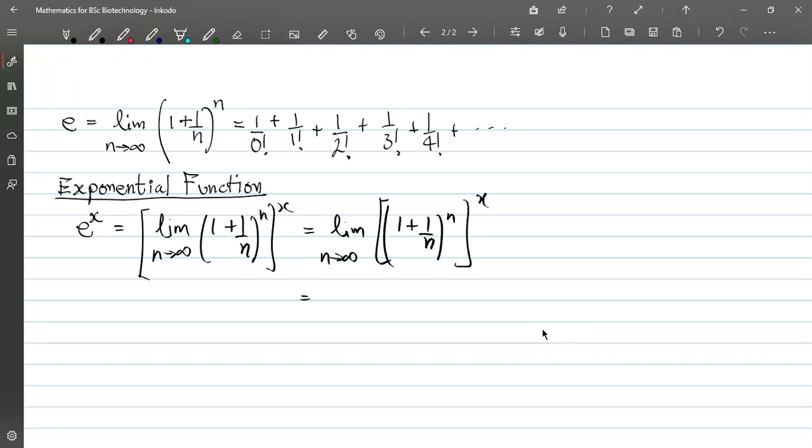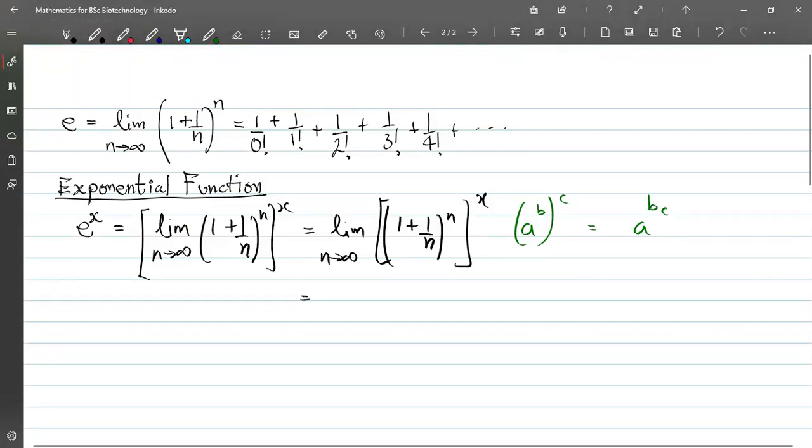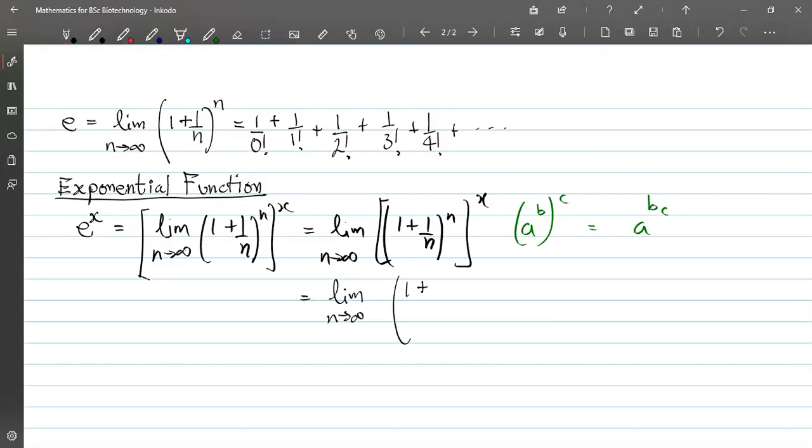But here you have something of the form a to the power of b to the power of c. And what is that equal to? A to the power of bc. So over here, this is a to the power of b to the power of c, which is a to the power of bc. Okay.